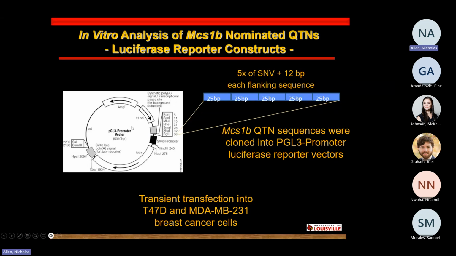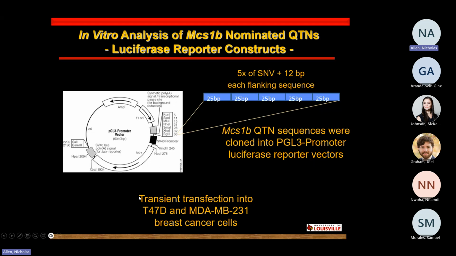This is a vector that is controlled by a promoter, and we can put in these variants, the susceptible associated and resistant associated variant, and then measure this reporter gene called luciferase. It's light; you can sense it with light. This is the same gene that fireflies have. You've seen a firefly glow at night; this is the gene they're expressing, luciferase.